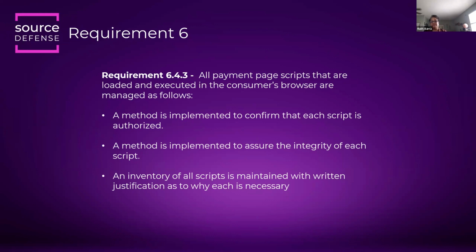And then you need to have some sort of means of ensuring the integrity of those pages. So that's really the intention around 6.4.3, addressing the first piece, which is you have to know what you have in order to protect it. And you need to make sure that what you have is really necessary and that it is approved. So that's really where 6.4.3 comes in.